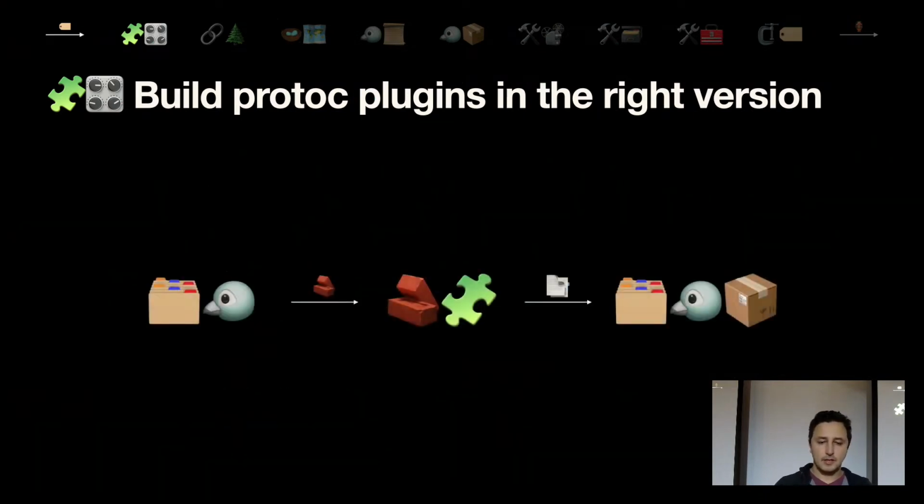In this case, it makes it available through a bundle within the app. So in that way, now we have the protoc plugins that we need to actually build the Swift and gRPC code.